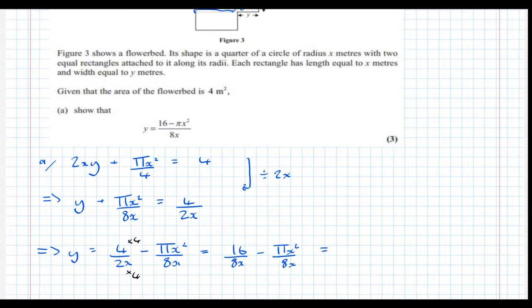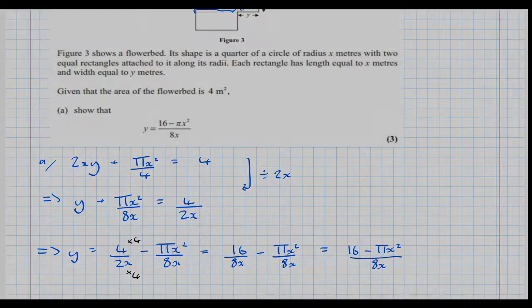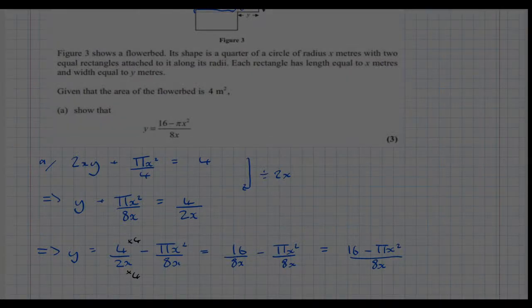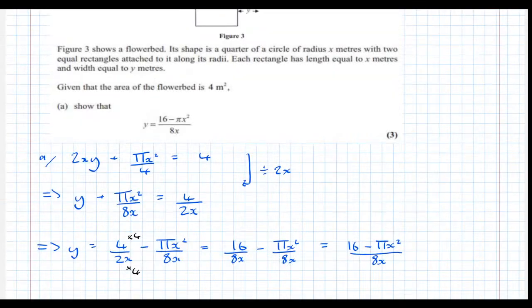Both have the same denominator, so that makes 16 minus pi x squared over 8x as required. Part B.